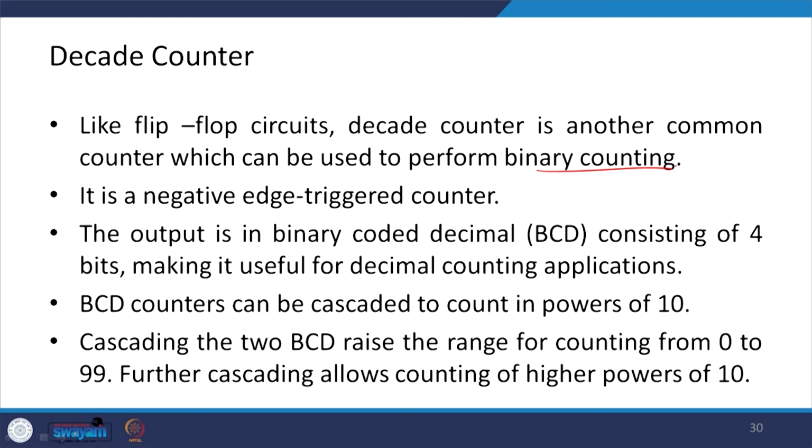The output is a binary coded decimal, that is BCD, consisting of 4 bits, making it useful for decimal counting application. And the binary coded decimal counters can be cascaded to count in powers of ten, okay. Cascading 2 BCDs raises the range for counting from 0 to 99, and further cascading allows the counting of higher powers of 10.